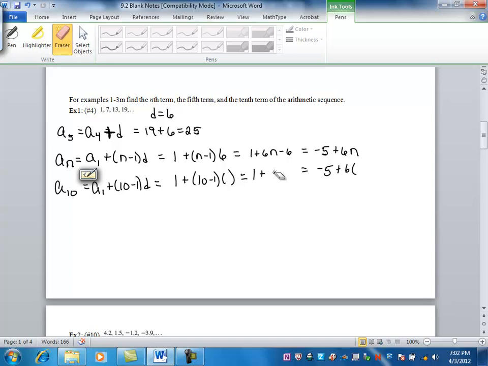Not sure where the 9 came from there. So 9 times 6 is 54, and negative 5 plus 6 times 10 is 54. So there's the value of my 10th term of this arithmetic sequence.